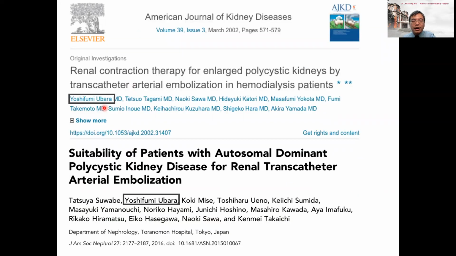Dr. Ubara first described this kind of technique, using transcatheter renal embolization to control polycystic kidney disease in 2000, and recently the long-term outcome of this technique was also published in 2016.